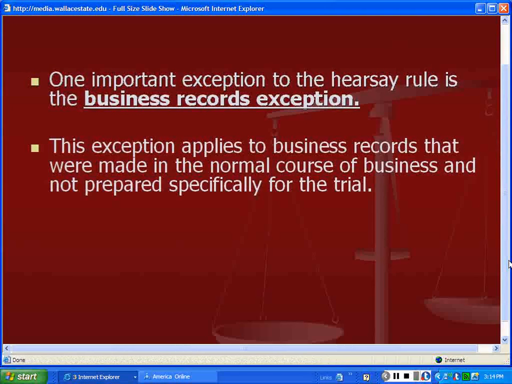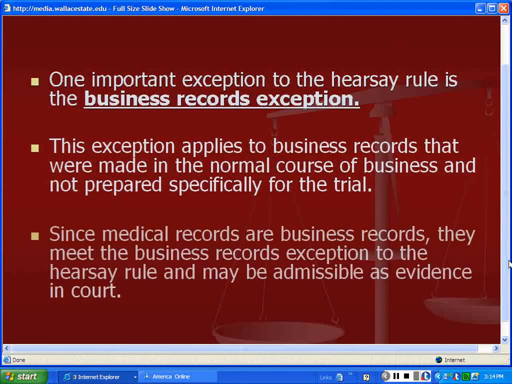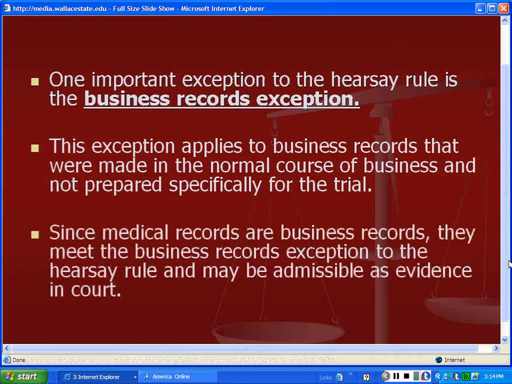The medical record is a business record because it keeps the business of the institution and the treatment that's given to the patient. It's made at the time that the treatment is given, and so it is a business record, and it meets the exception to that hearsay rule. So medical records are admissible as evidence in court.